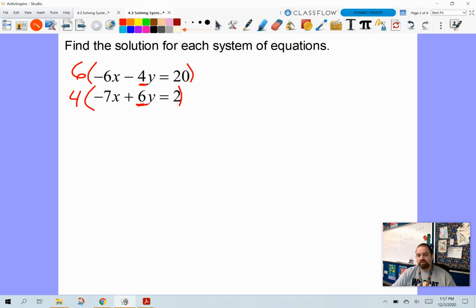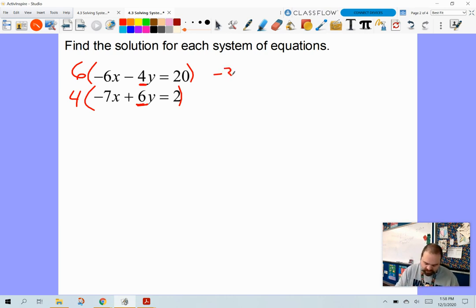If you see a smaller number to work with, by all means do it, and it'll carry out through the rest of the problem. It'll work. But if you're not sure what to multiply by, you can always use the number from the other equation on the same variable. So I grab the 6 from the y and the 4 from the y, and those are the ones I'm using. So when I do that, I'm going to multiply everything by that.